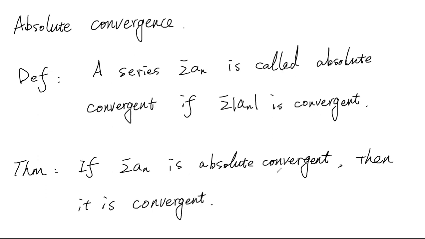So absolute convergence is a sufficient condition for convergence. And if a series is not absolutely convergent, it doesn't mean the series is not convergent. We will see two examples in a minute.